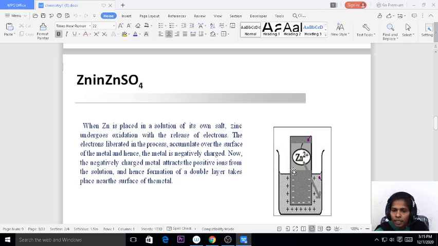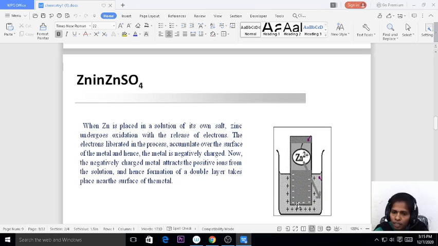So when zinc is dipping in ZnSO4, what happens? The zinc metal undergoes oxidation and it is losing 2 electrons. When it is losing 2 electrons, it is giving Zn2+ and releasing the 2 electrons. The electrons liberated in the process accumulate over the surface of the metal. This is the surface of the metal, this is the zinc metal.